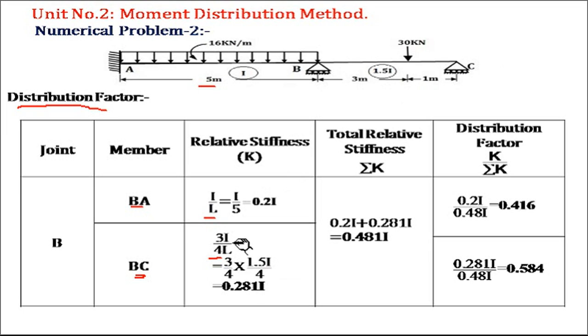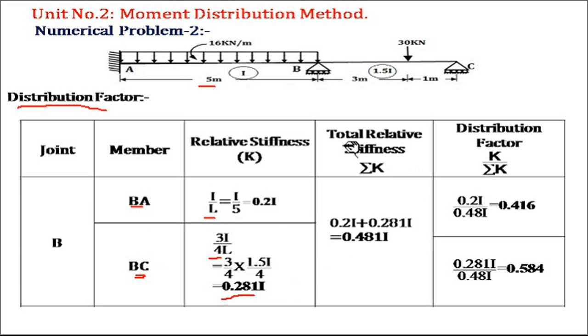So 3 upon 4 multiplied by 1.5I upon 4, and that value is 0.281I. This is the relative stiffness value for members BA and BC.